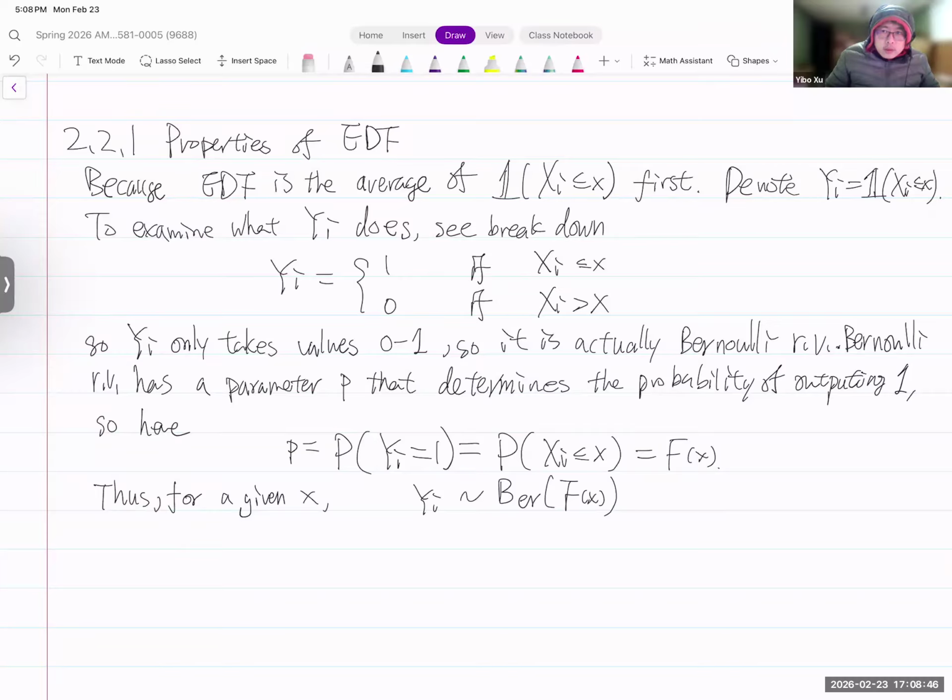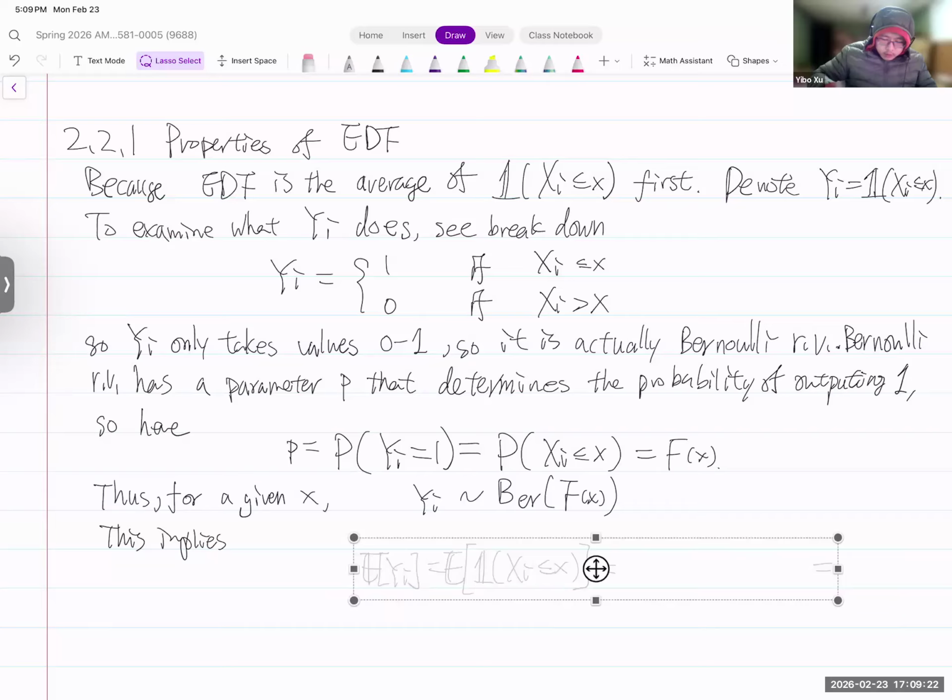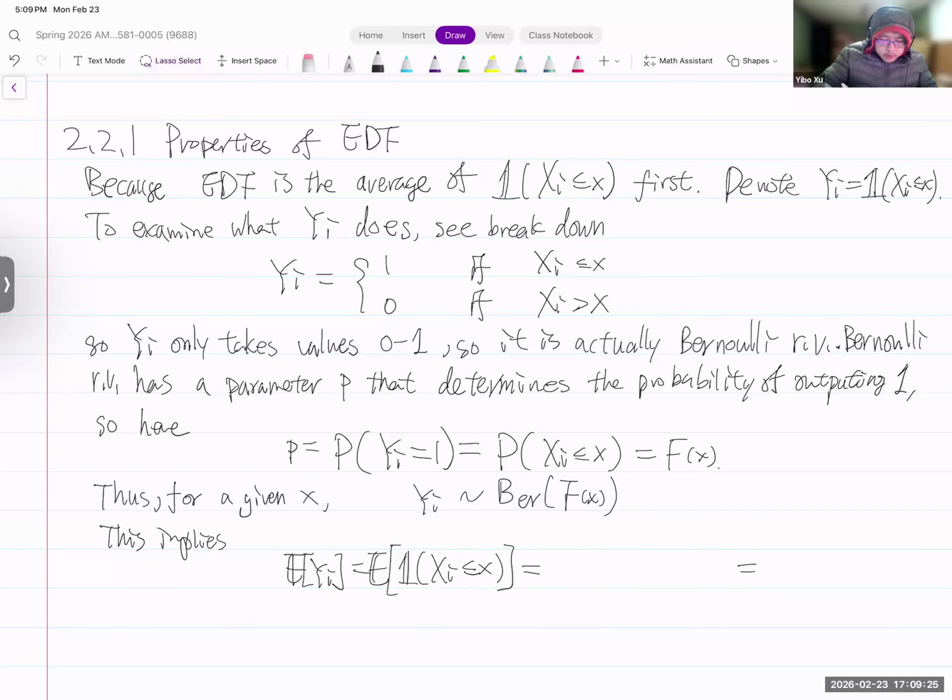Now, given this, we'll be able to compute many things, the expectation and the variance. This implies that the expectation of Yi is the expectation of the indicator, which, if you check the Bernoulli formulas from lecture 0, is P, which is F of x.